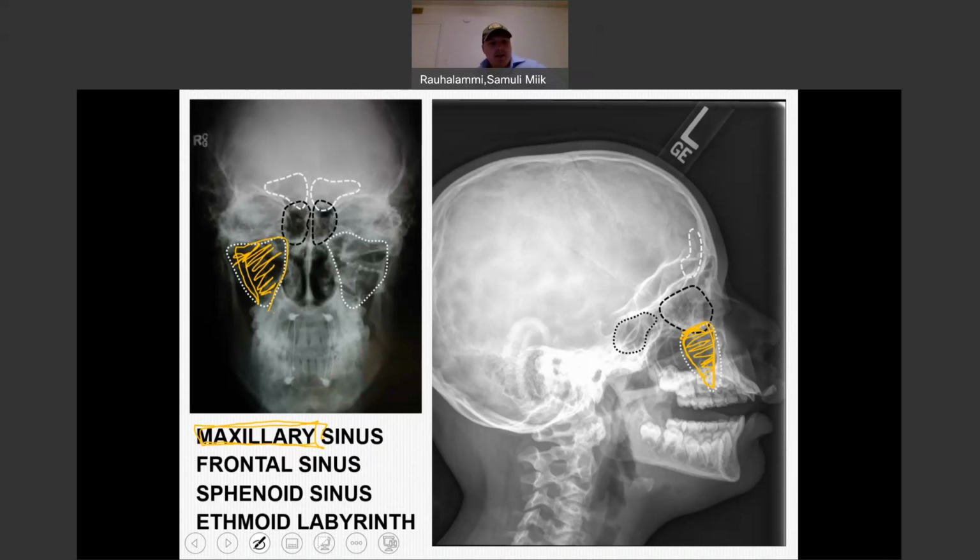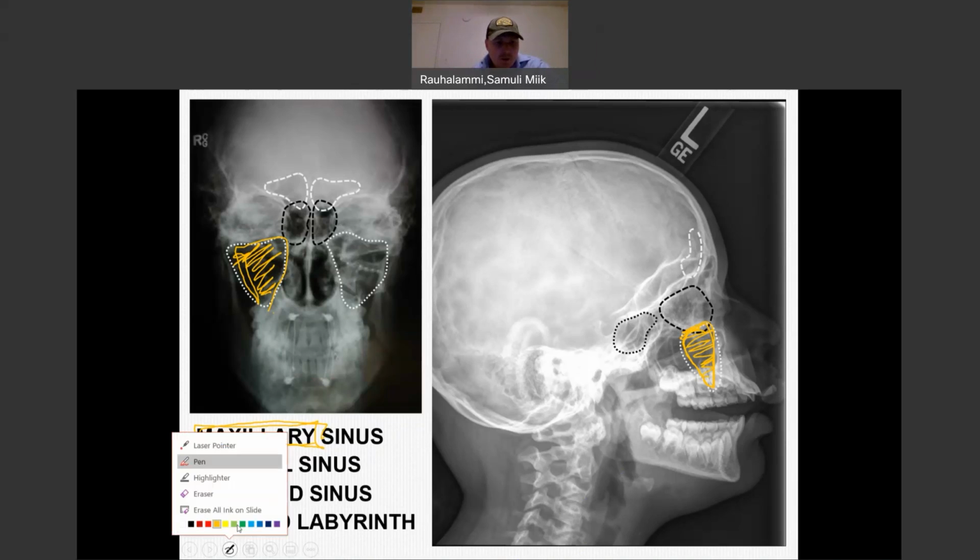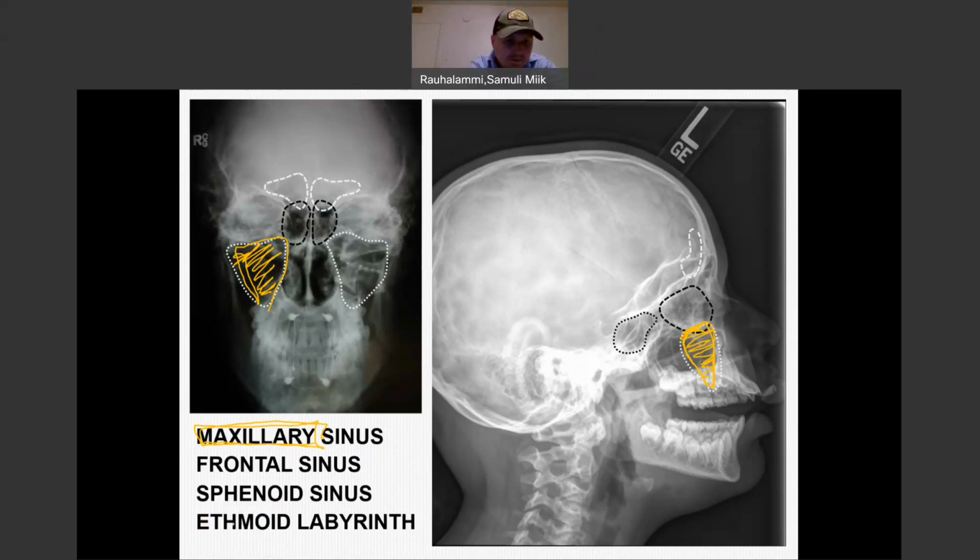So maxillary sinuses within the maxilla, and the next one that we should talk about is going to be our frontal sinuses within the frontal bones. Again, similarly to maxilla, on both sides, symmetrically, this time the frontal sinuses on top of the orbits, really showing up there.